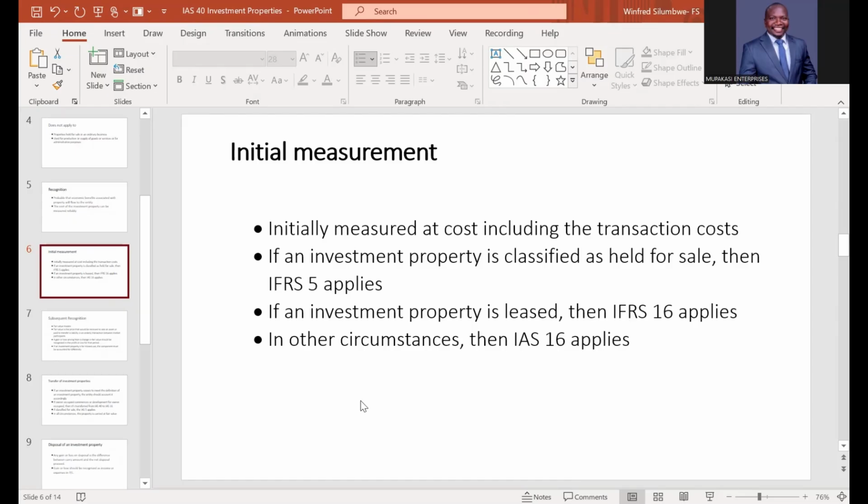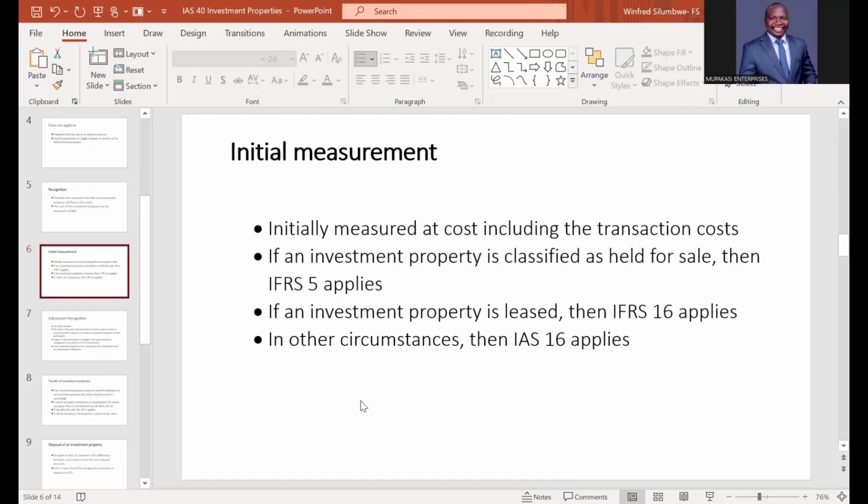Now, there are conditions for you to move a property from IAS 40 to IFRS 5. You must be sure that this property is going to be sold within 12 months. You must be sure that the price you've put is competitive, meaning customers will be willing to buy that asset within this period of time.